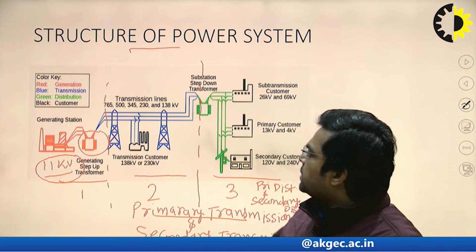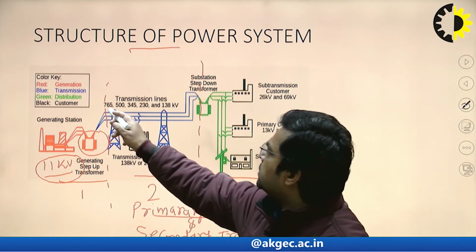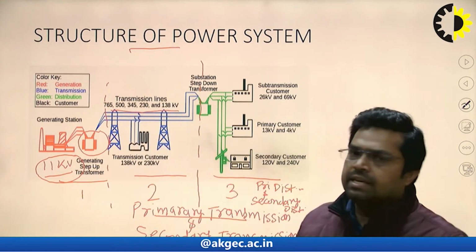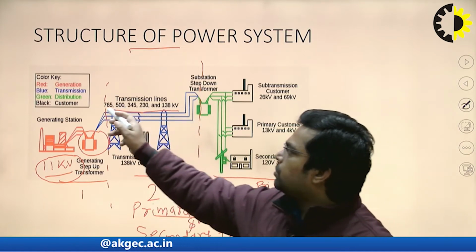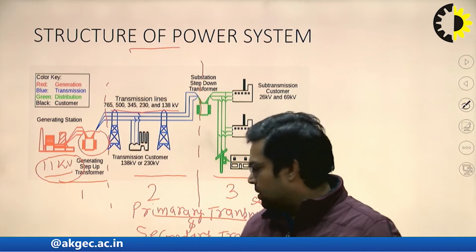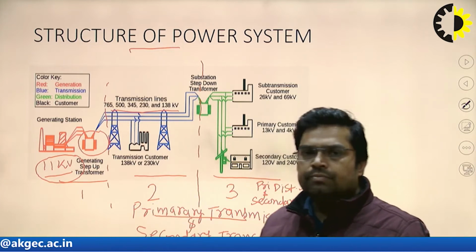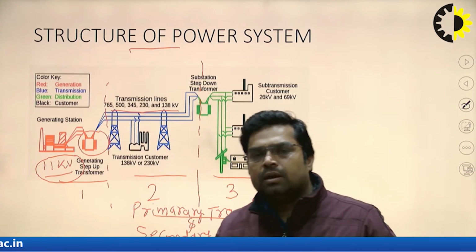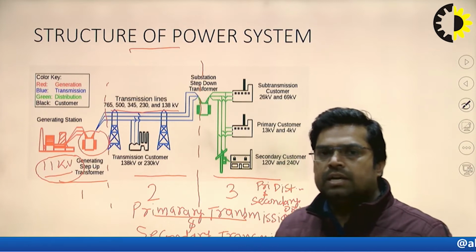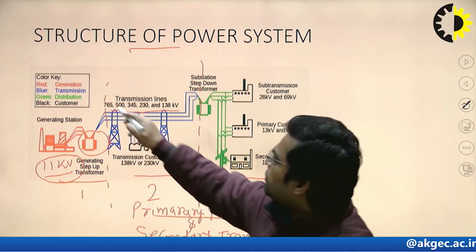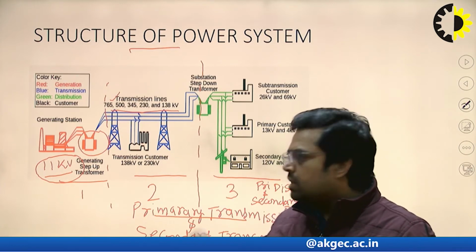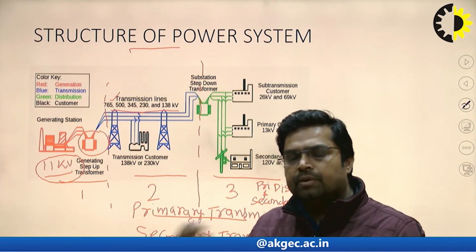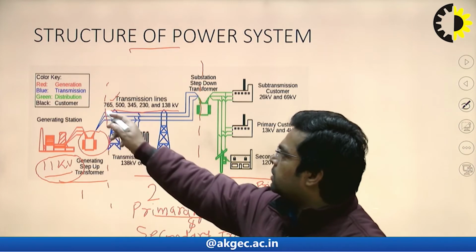You can see the range from 132 kV to 765 kV. In primary transmission, we generally cater to the larger consumer, the larger load side. They may require up to the 765 kV range. For large consumers, like very big industries, we provide this range of voltage.